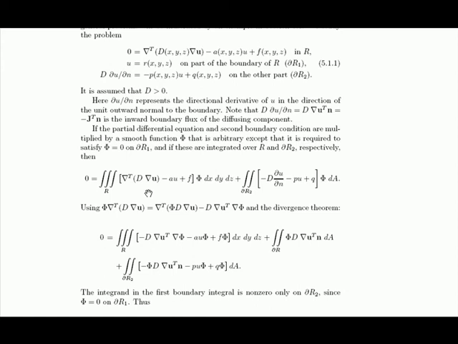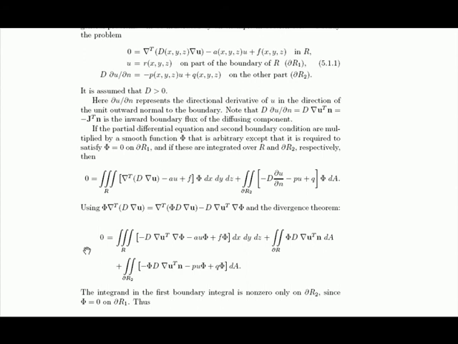Now at this point, we do an integration by parts, a multi-dimensional integration by parts. Remember, integration by parts is basically taking the product rule backwards. The divergence of phi times d gradient of u is equal to phi times the divergence of d gradient of u plus gradient of phi times d gradient of u.